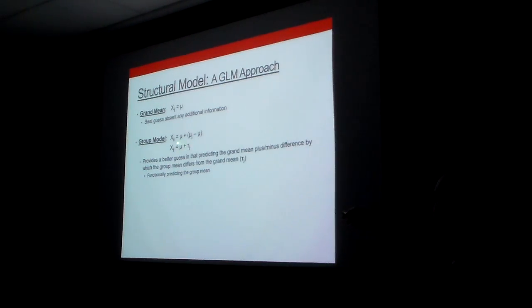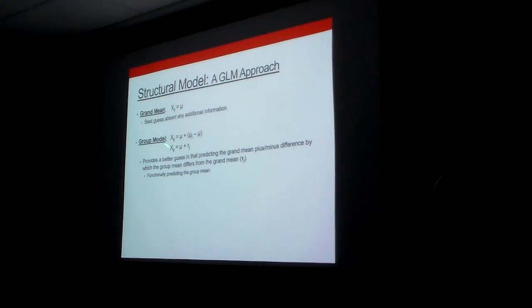And so if we have this component here, tau j, this is your adjustment based on knowledge of their individual group level, right? Functionally, what ends up happening is I'm predicting the group mean. So now the grand mean isn't my best guess, it's the mean of that group.